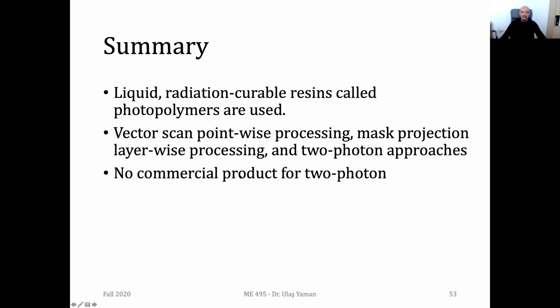But the thing is that we don't have any commercial products for the two-photon case, but we do have for the point-wise and for the mass projection type of photopolymerization processes. So that's the end of this chapter.